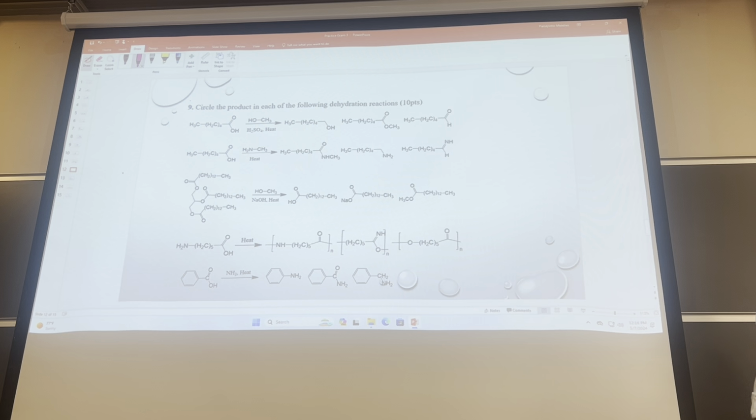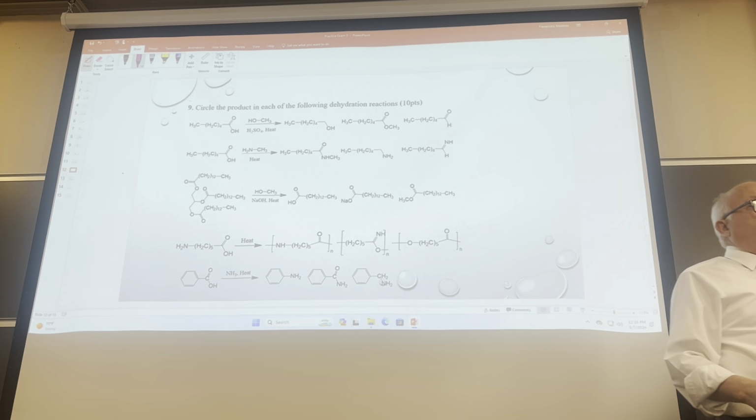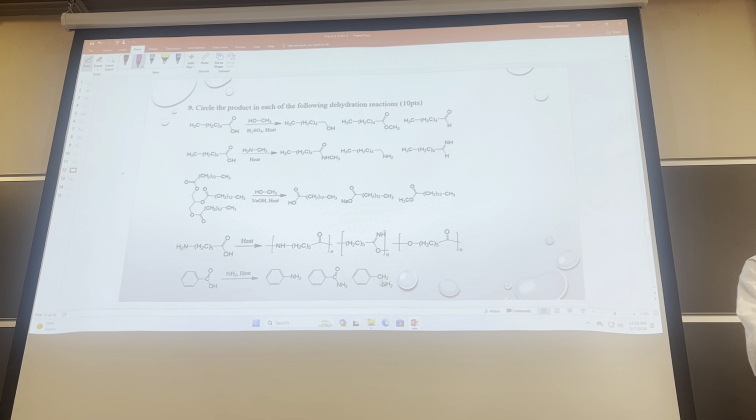9. Circle the product in each of the following dehydration reactions. It's giving you a pointer, dehydration. That means they are losing water, right? So the first reaction is going to be an esterification reaction, so you are looking for the ester. The second reaction is the formation of the amide, so looking for the amide. The third reaction is the transesterification reaction, so you are looking for this one.